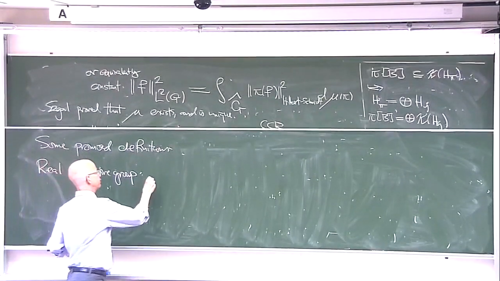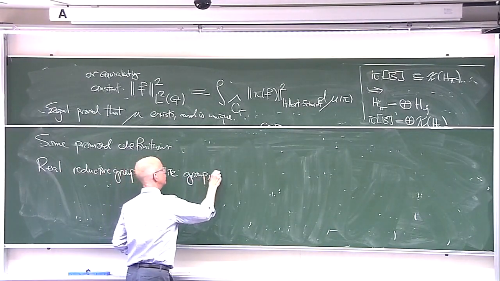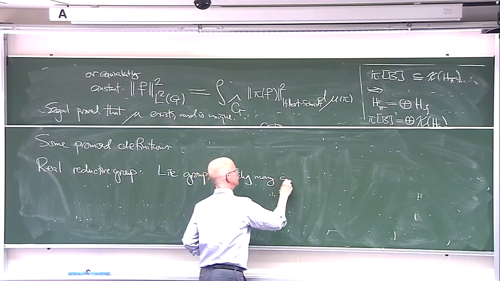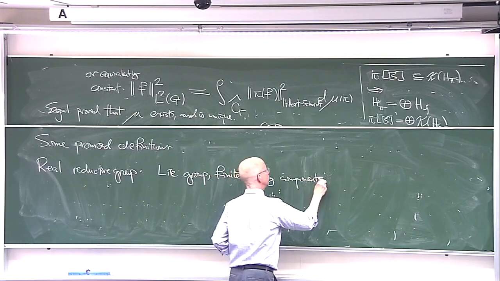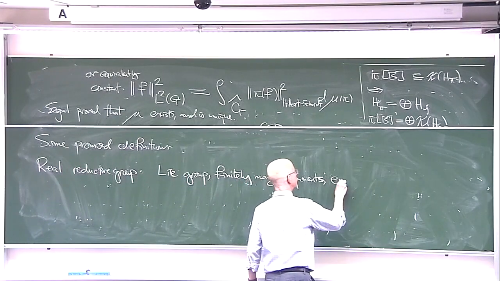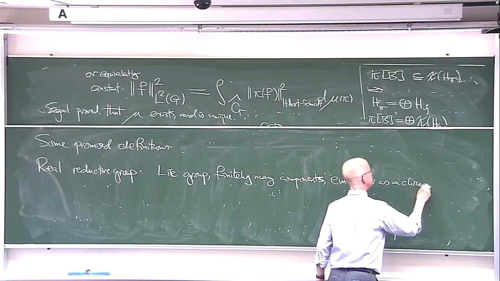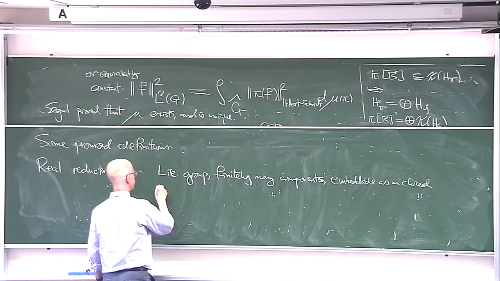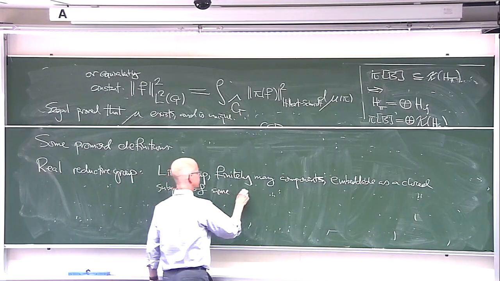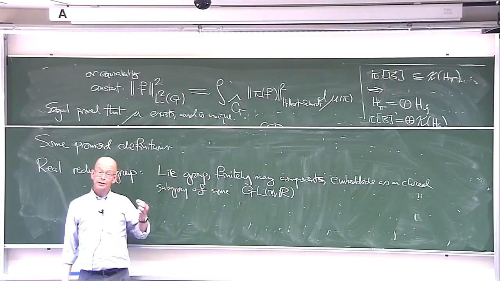So a real reductive group will be for us a Lie group, almost connected, finitely many connected components, which can be embedded as a closed subgroup, actually closed is automatic, inside some matrix group, some GL_n(R). Not done yet. There's one key condition.